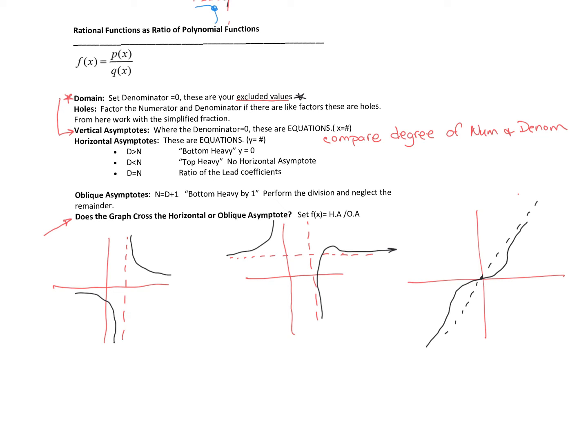Additionally, like all graphs, we also want to know what the x-intercepts and the y-intercepts are. To find the x-intercepts, we set y equal to 0. And to find the y-intercepts, we set x equal to 0. We may need some extra points, and we'll just plot points as needed.